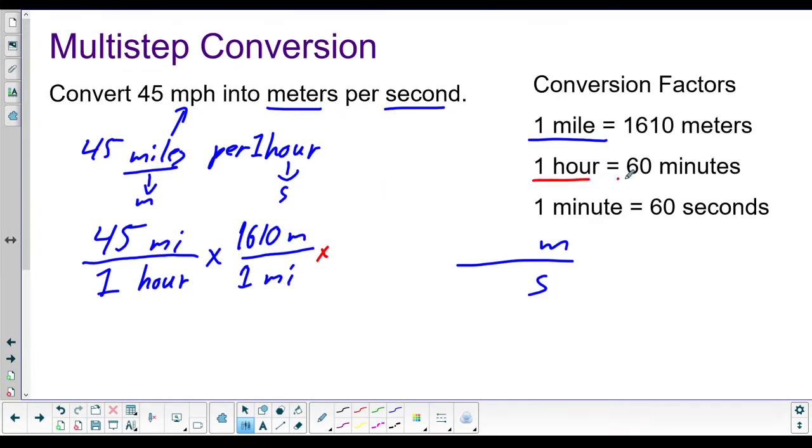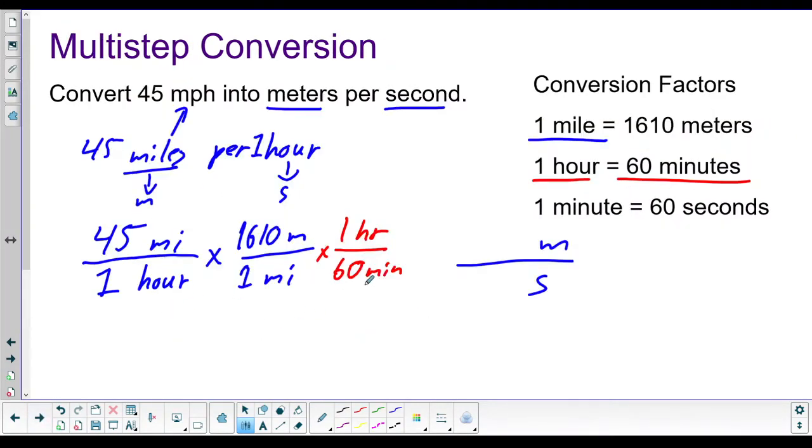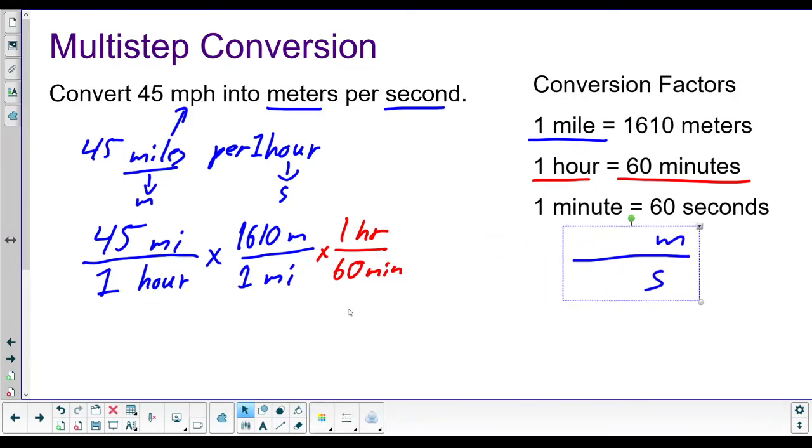So this time, we're going to put the 1 hour on the top over the 60 minutes. So we can see here the minutes is on top and the hours is on bottom. In this problem, this is flipped and we're actually dividing by 60 instead of multiplying. So we can't just do it blindly. We have to be very careful and set up these fractions.